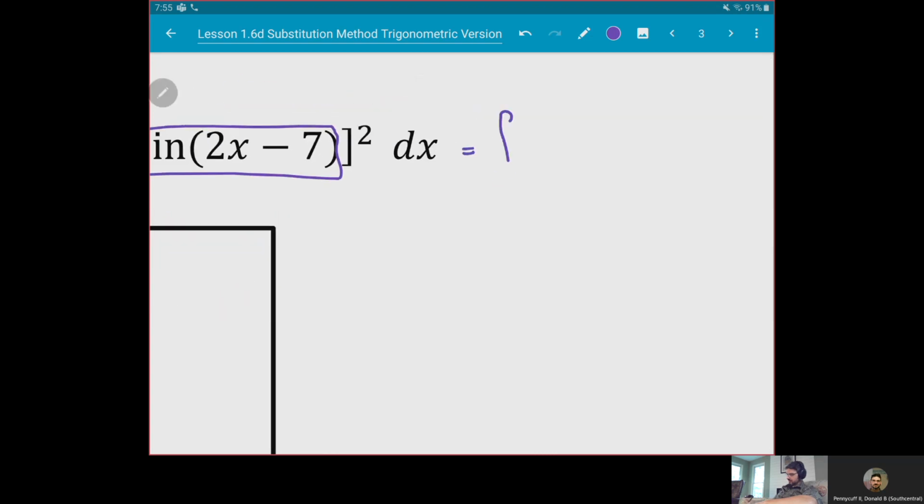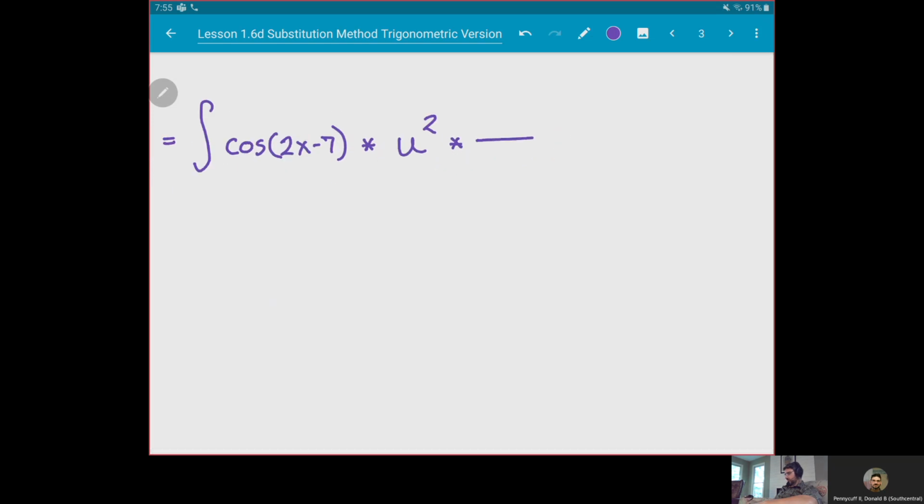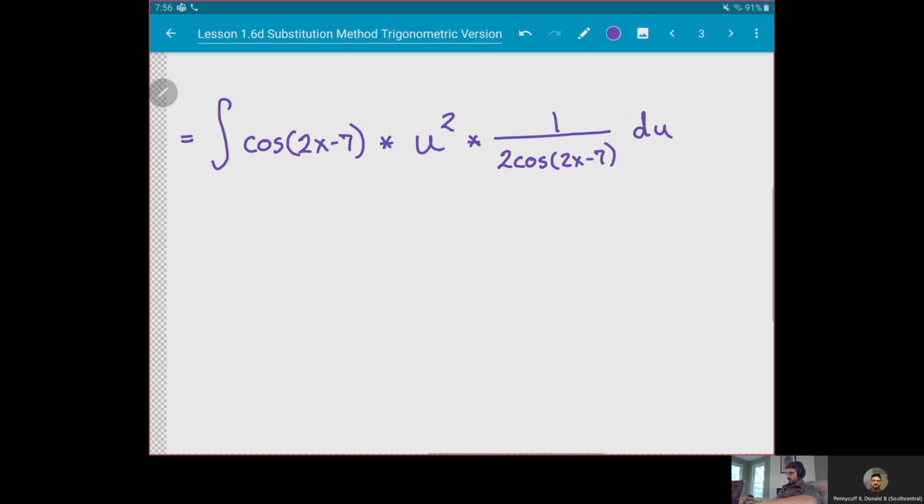All right. Now I can go over here and plug them in. So I have the integral of cosine 2x minus 7. Sine is now gone. And so that's going to be u squared times 1 over 2 cosine 2x minus 7. All right.